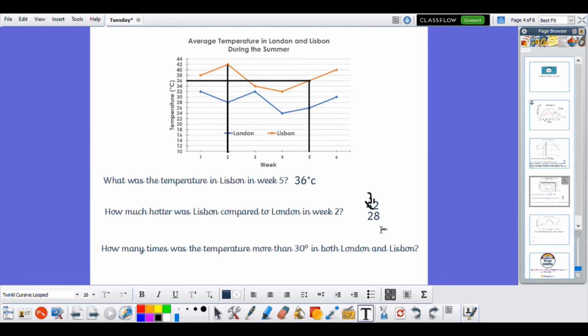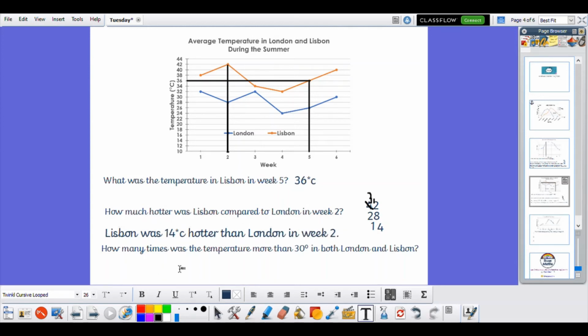So 12 subtract 8 is 4, 3 subtract 2 gives me 1. So we can see that the difference is 14. So we can say that Lisbon was 14 degrees hotter than London in week 2.